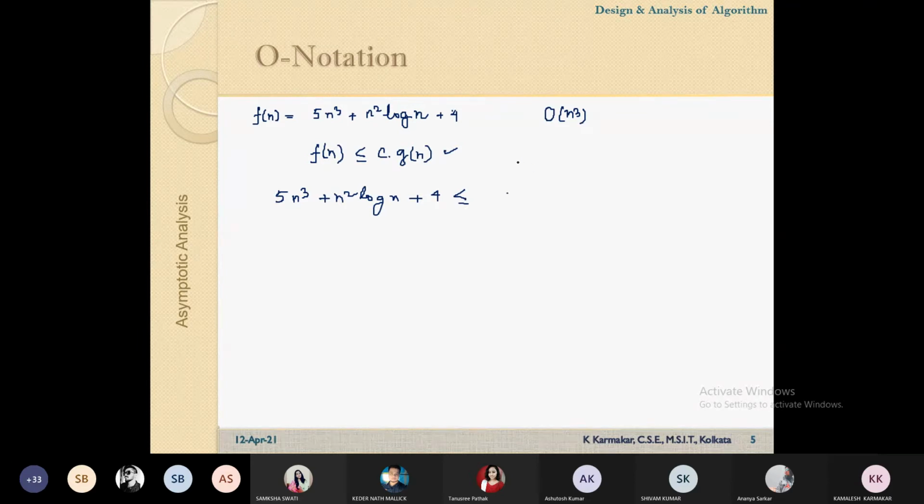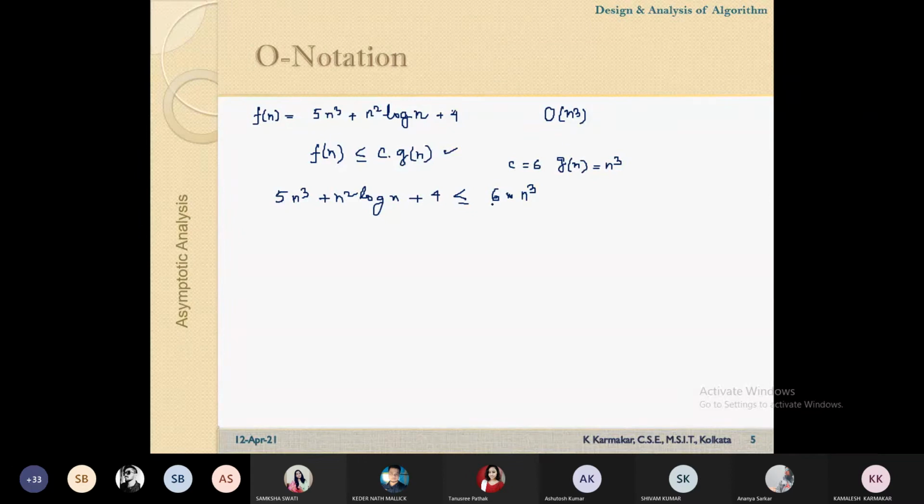We can try with c equals to 6, and we can try with g(n) equals to n cube. So we have 6 into n cube, and we have to prove whether it's being satisfied or not.